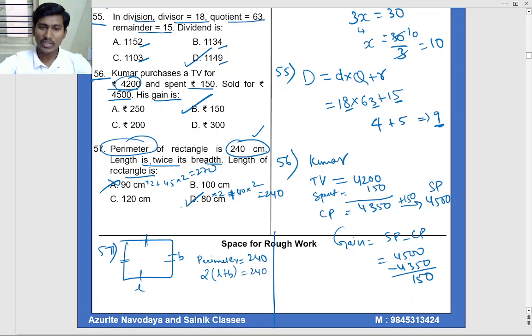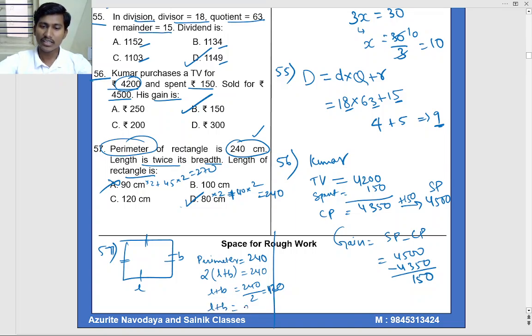Okay. So length is twice its breadth. So length of the rectangle is, so we have to take it half, right? So if you take it half, length plus breadth, so 240 by 2, that will be 120. Okay. So 120 we can write how?